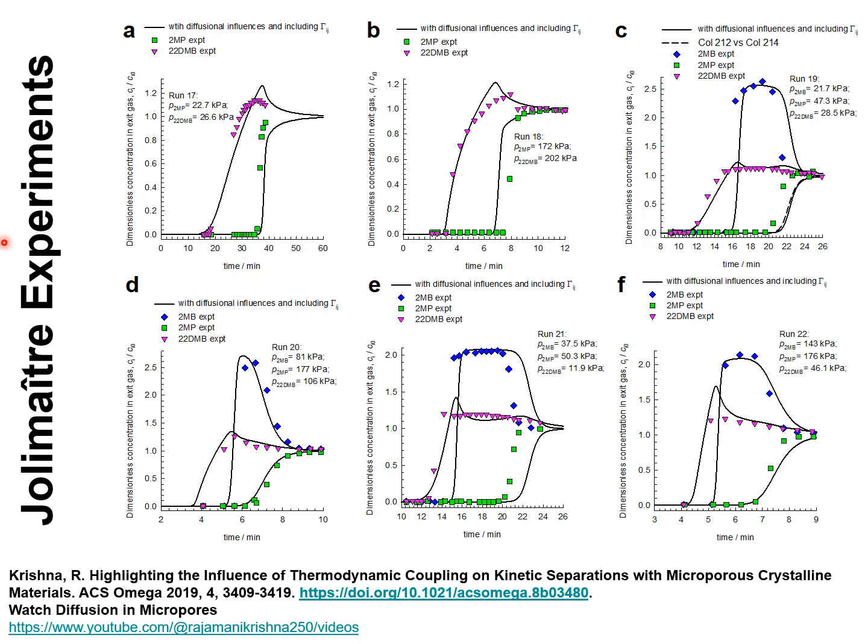The separations are synergistic in nature because the diffusional influences serve to enhance the separations that is dictated by mixture adsorption equilibrium. And in my reckoning, MFI zeolite is the most suitable adsorbent for alkane isomer separations.